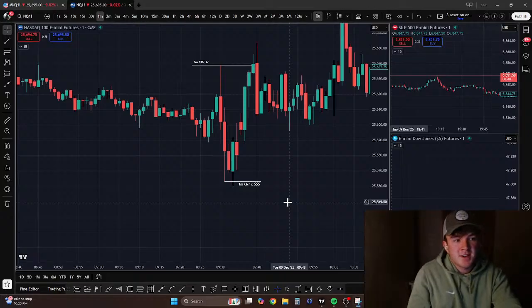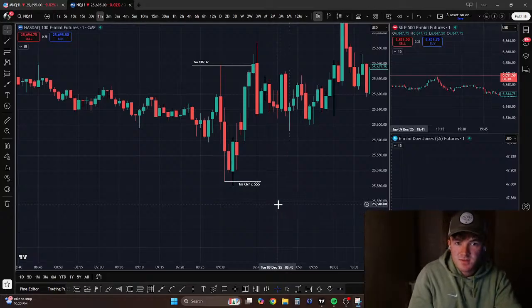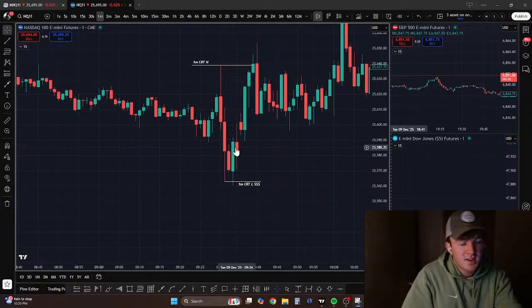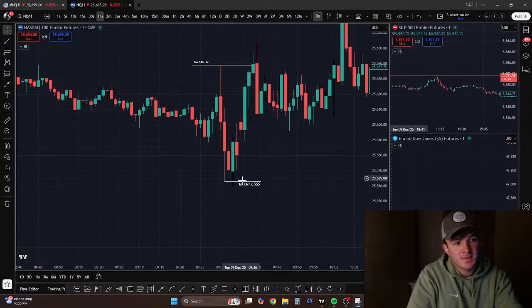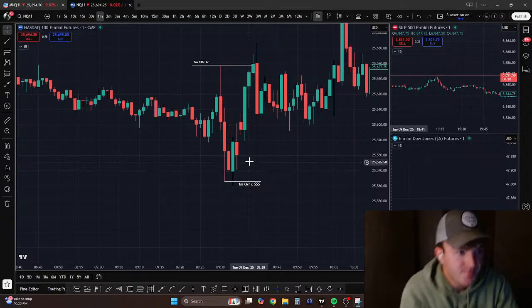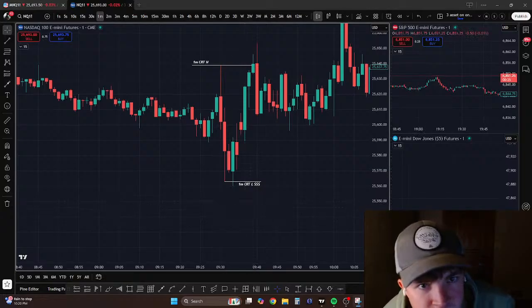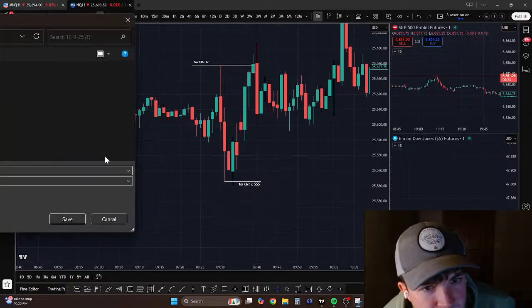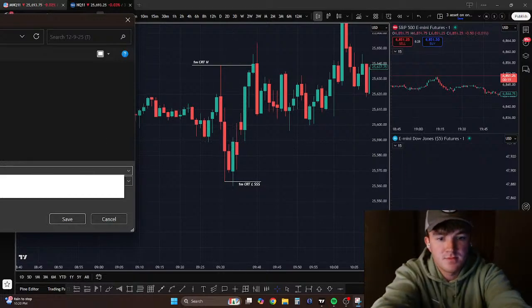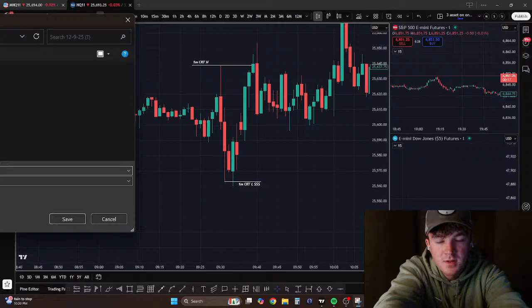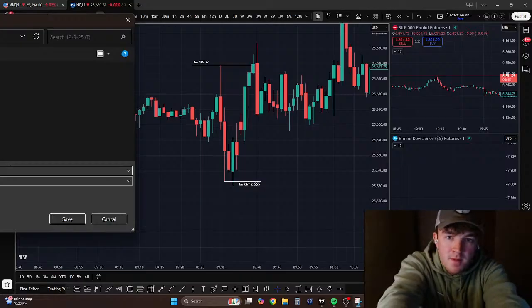So yeah, that 1 minute CRT would have been a nice confluence. Anything after 9:34 essentially is valid for longs. 9:34 1 minute CRT.